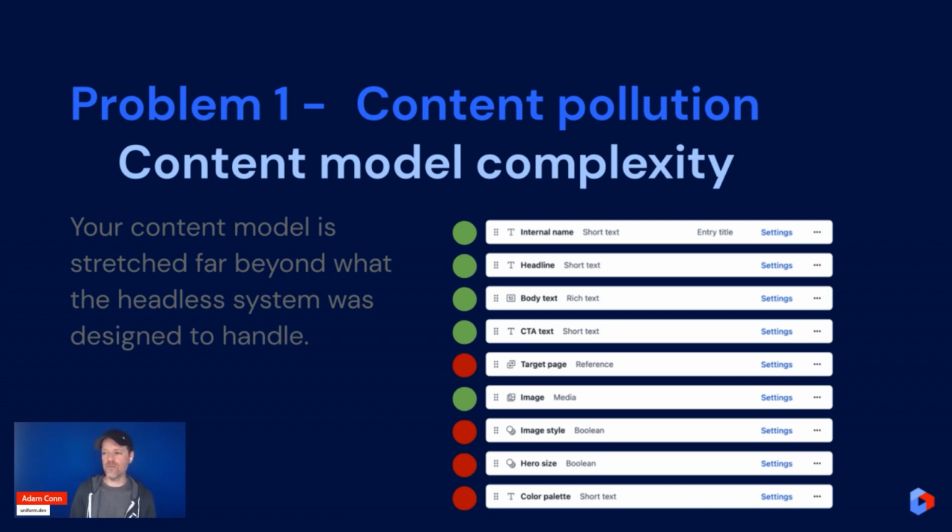And the fields that are in red represent the things that are added in because this particular call to action is going to be used on a web page. So you've got things like image style and sizing and color palette. And so those get added in, and this is a visible example of what we're talking about with content pollution.